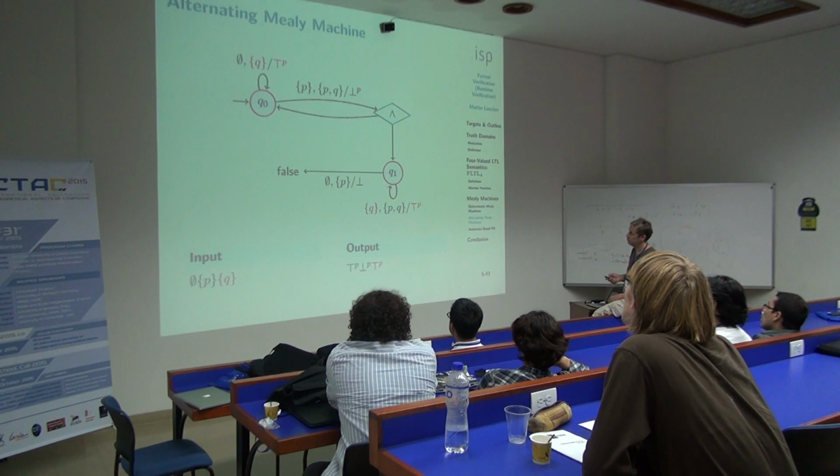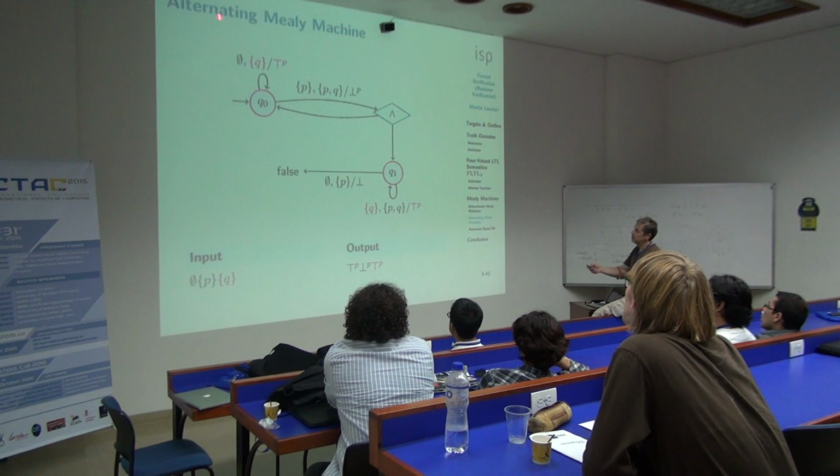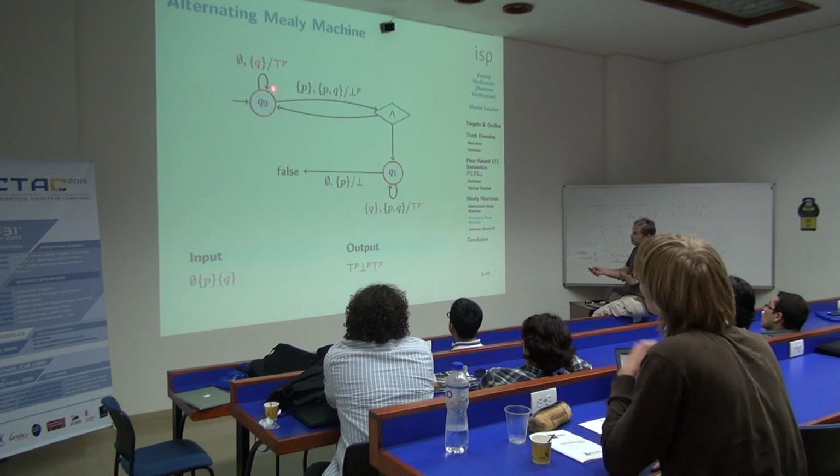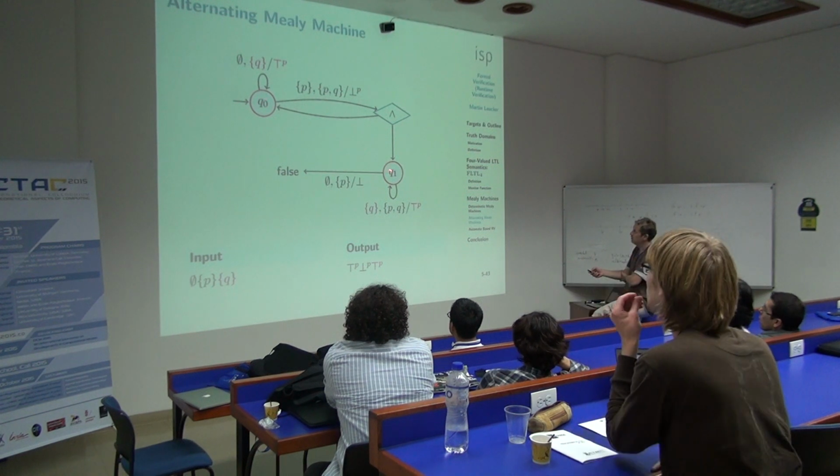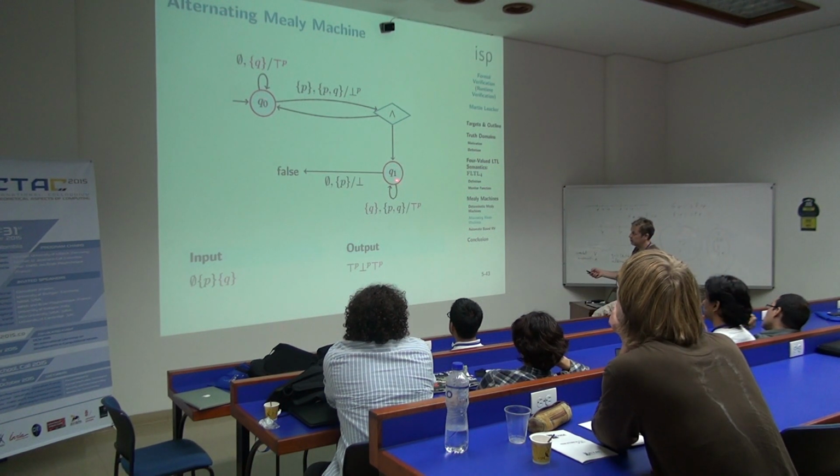We read Q. So here, we were in Q0, so we continue here and reading this Q, we output presumably true and go back to Q0. And we were also in Q1. We read Q here, so we stay in Q1 and output also presumably true.